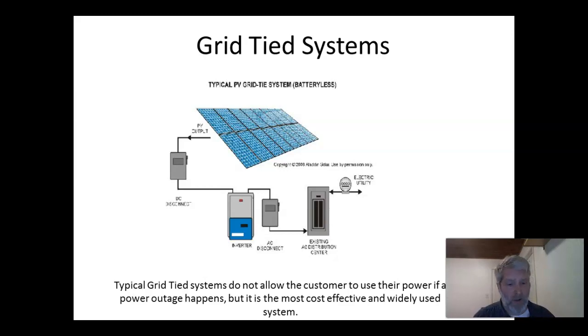We want to make sure that our power system doesn't become an island by supplying electrical power to the grid when linemen are there to try to fix the power lines. So by law, our grid-tied inverters turn off if the power goes off. What that means for you is that if the power goes out, you can't get your power because the grid is off.